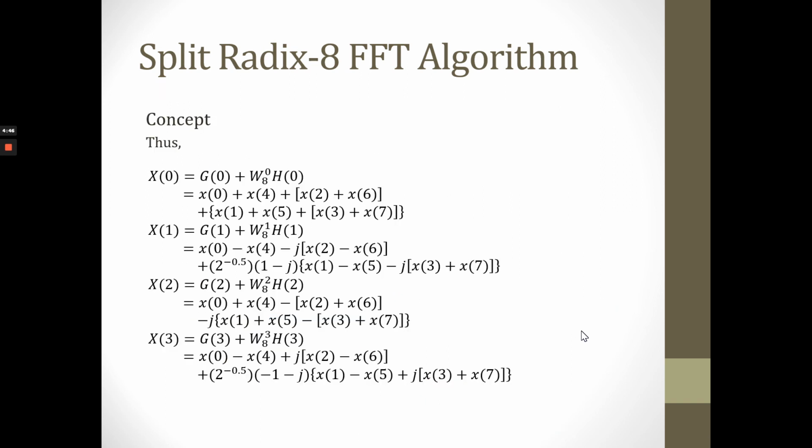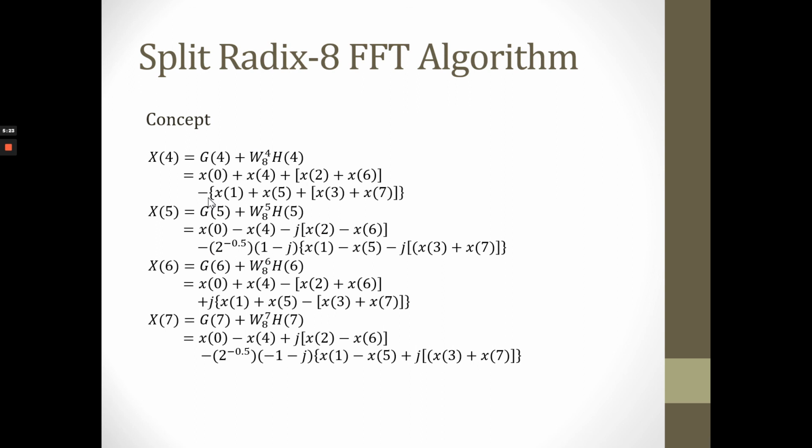So the next one, we rearrange this equation based on the value of WKN. So we determine the value of xk from 0 until 3. Okay, so this is from the even function. Let's say for x1, this is from the even function g1 plus w1, as discussed in the previous slide, and this is multiplied with odd function h1.